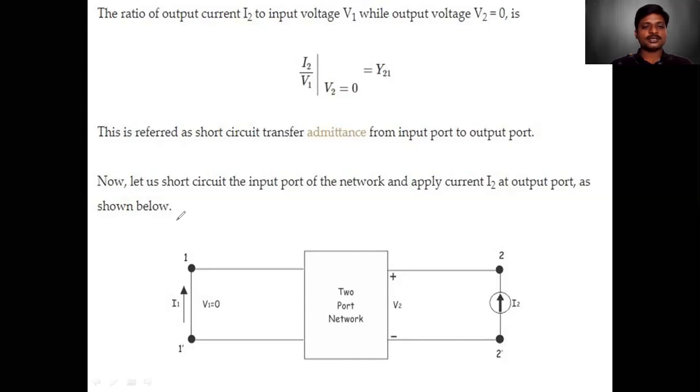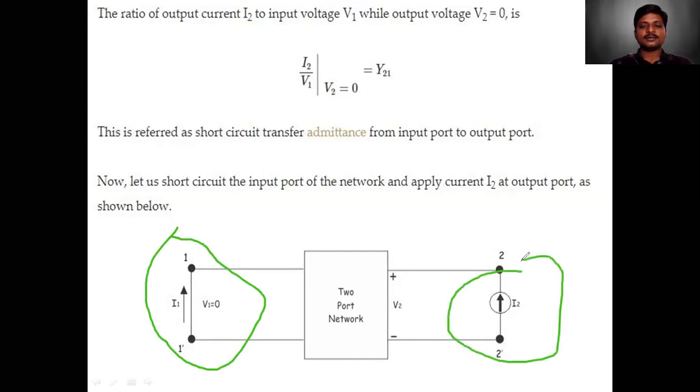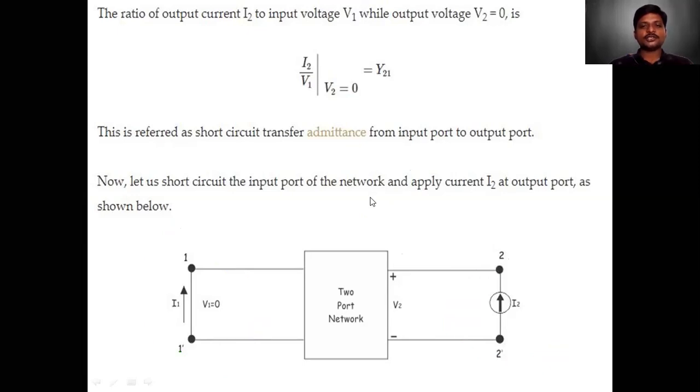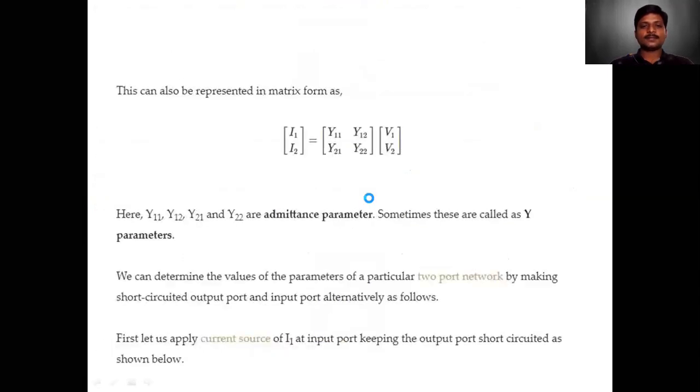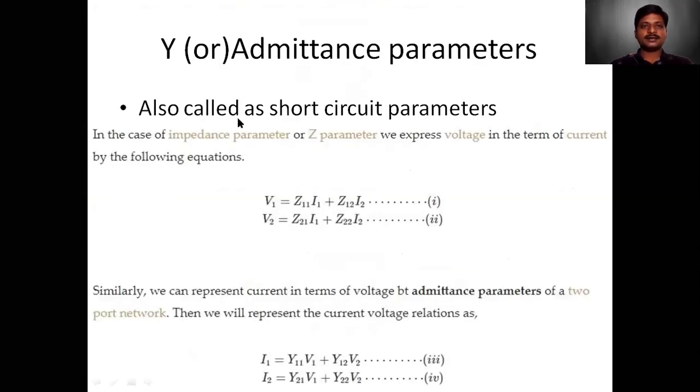So here you have short circuited the input port and you have applied some current here. So now what will happen is V1 will become 0, because the voltage across a short circuit is always 0. When you substitute V1 equal to 0 in the characteristic equation, these two values will become 0.